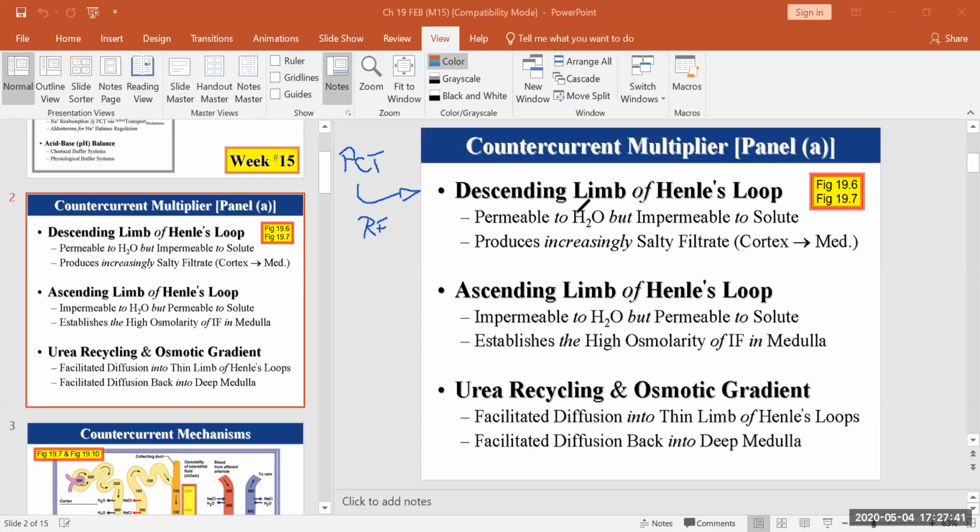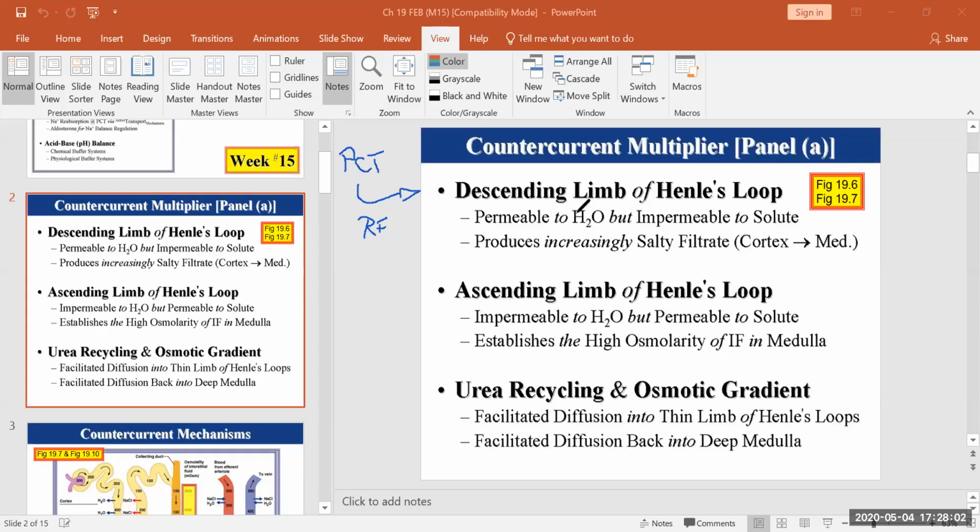So if you go to panel 3, that's exactly what happens, okay? As water is leaving the descending limb, if you lose water, you're concentrating the solutes inside of your loop of Henle, the descending limb.